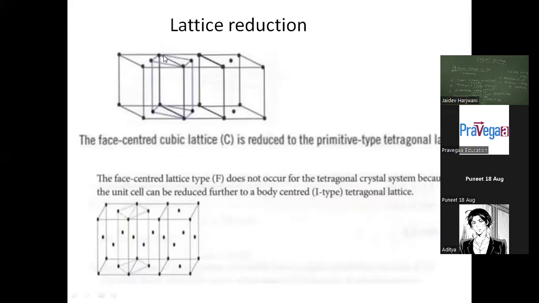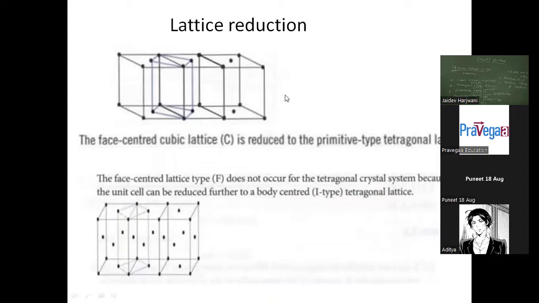So this base centered cubic lattice can be derived from the tetragonal lattice, which is already available. So why create another one? This base centered cubic lattice is not a new type of arrangement, because it can again be derived from the primitive tetragonal lattice.